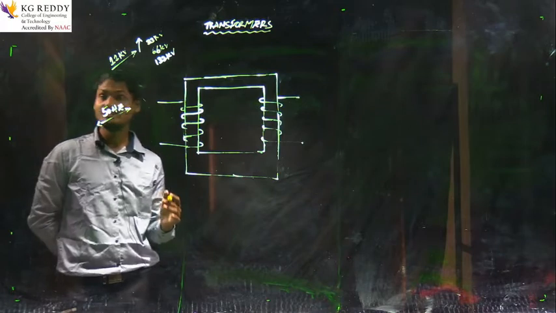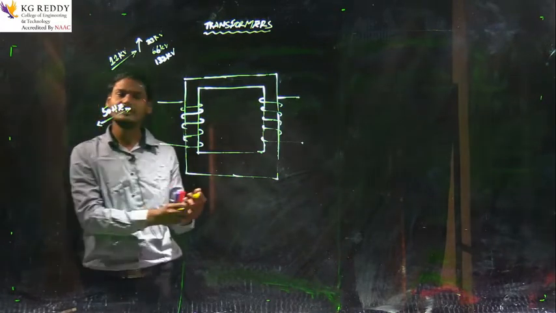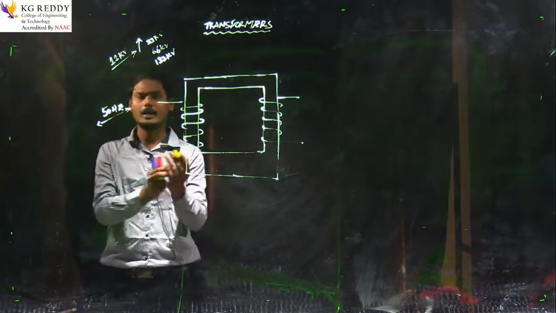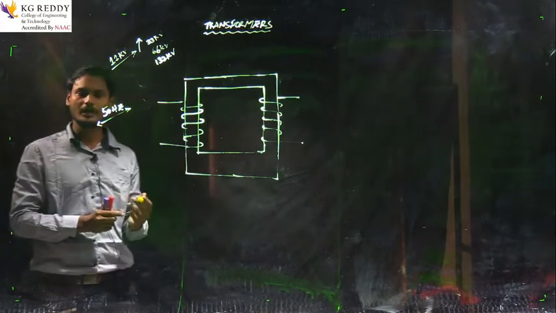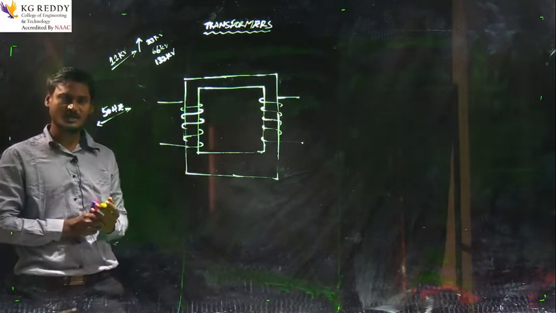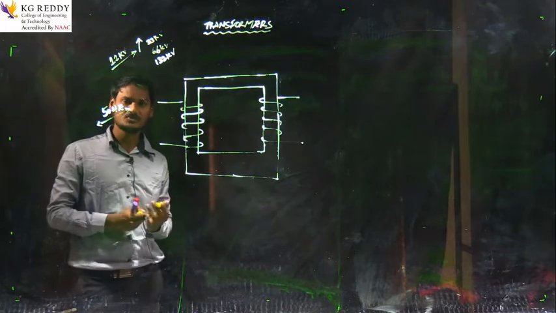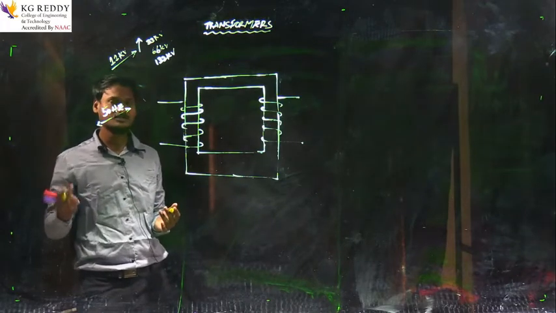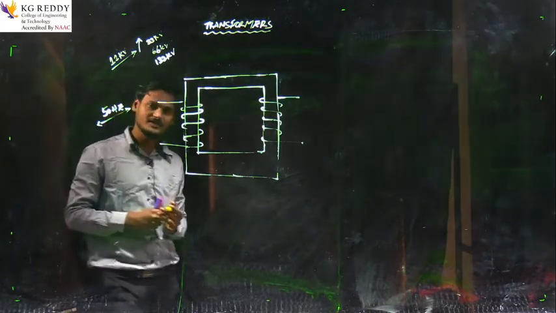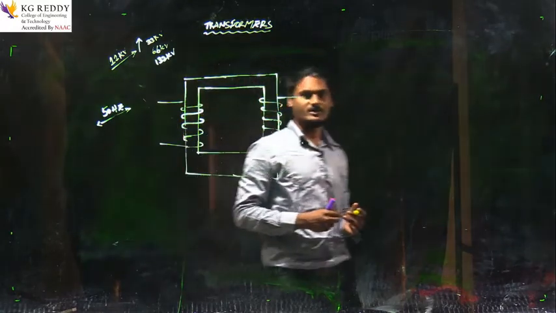It is not an energy conversion device. What does it mean? According to the law of conservation, charge cannot be created nor destroyed, and according to the law of conservation of energy, energy cannot be created nor destroyed, right?